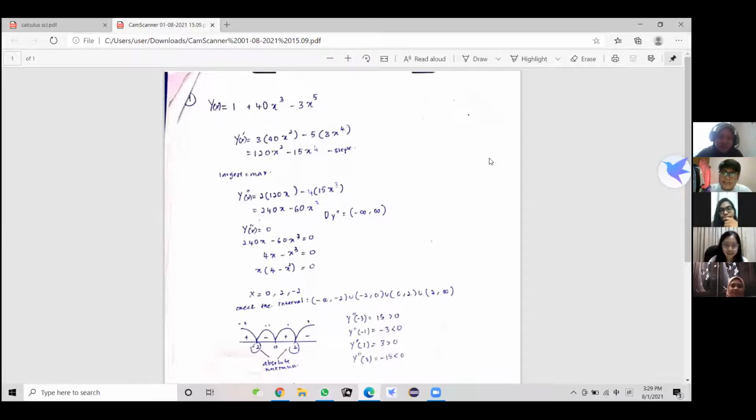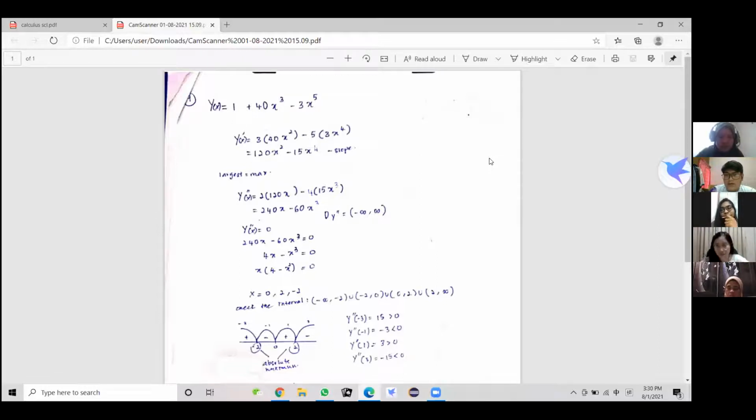The first derivative test, right? So for the first derivative, the equation we got now is to find the slope. What we want is the largest slope, so we must find the maximum point.